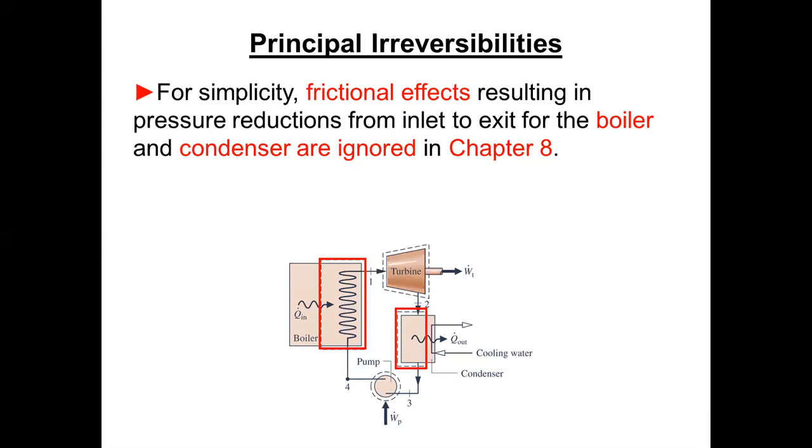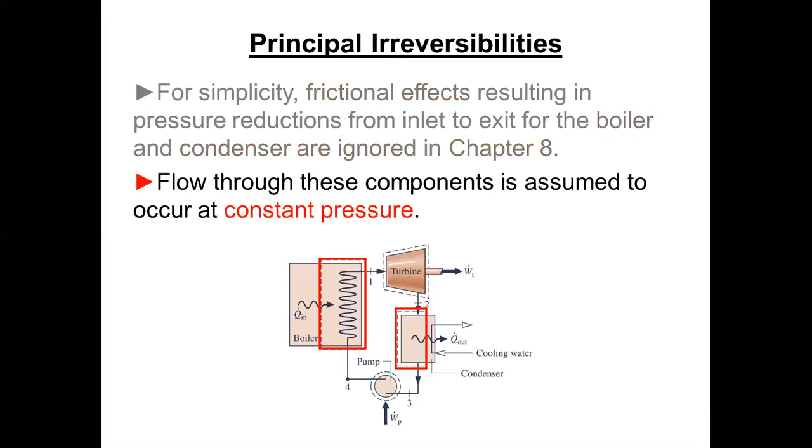The complication is that you just have to look up some additional thermodynamic states. So it's not really a big deal. It just makes the problems longer. Flow through these components is assumed to be at constant pressure, and you should assume that unless you're told otherwise in working a problem.